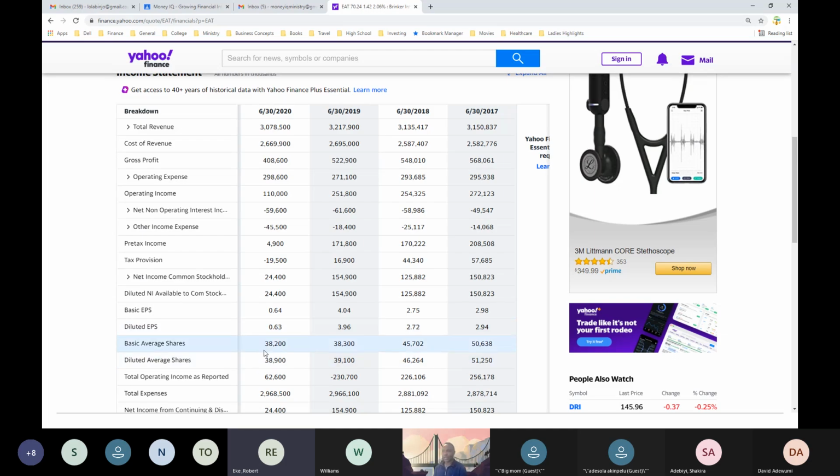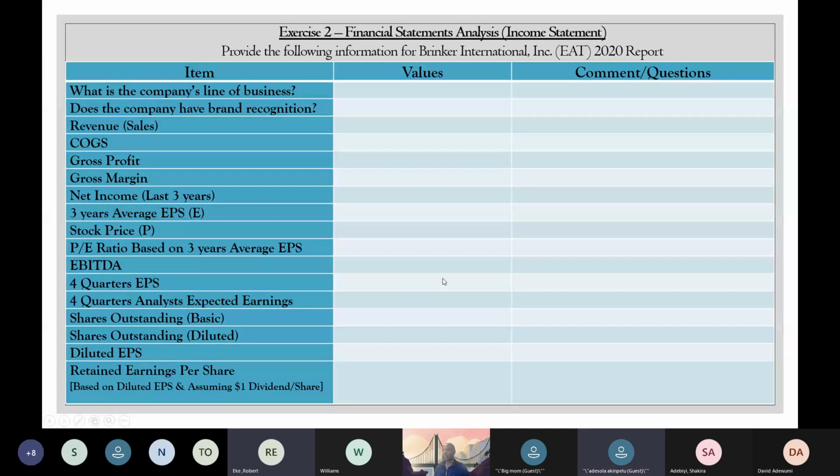But in that question, I put a slight twist to it. I said, base your answer on 3 years average EPS, 3 years average earnings per share, because the earnings per share might change from year to year.